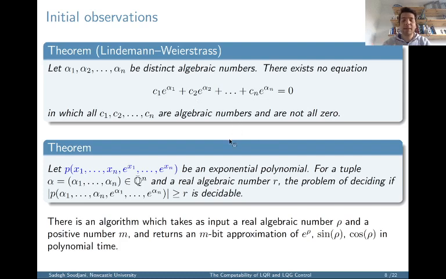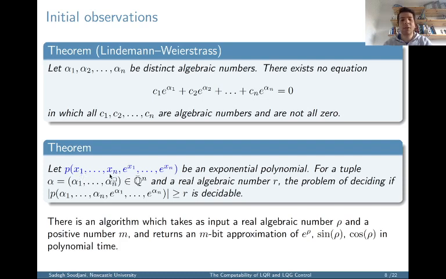Now let's make this a bit formal and look at the inequalities. Suppose you have an exponential polynomial, here p. An exponential polynomial is just a polynomial where you replace some of the variables with exponential functions. You see, this can be seen as a polynomial of 2n variables, and you replace n of these variables with exponential functions of the variables x1 until xn.